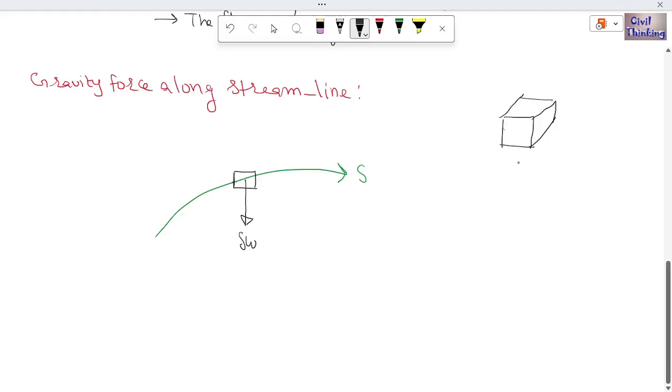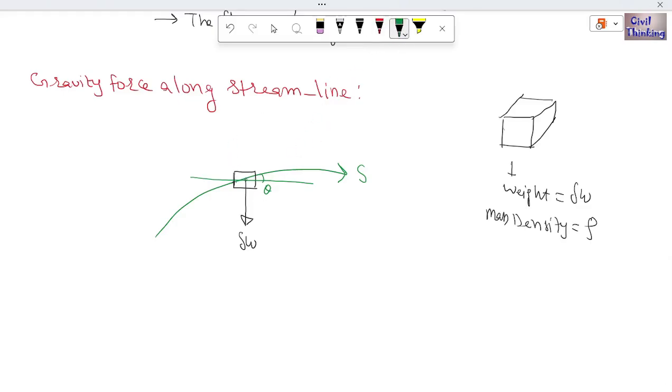Because it is an infinitely small element, we will call its weight del W. Its mass density is rho. Now let us say it is inclined at an angle of theta with the horizontal. Let us say this is the angle theta.